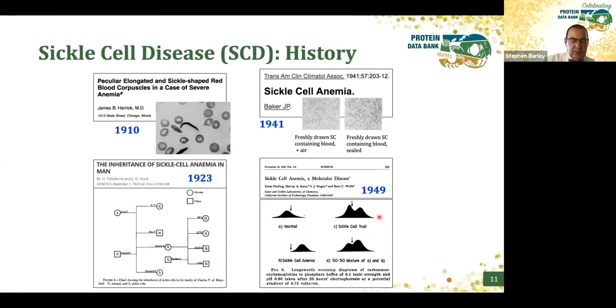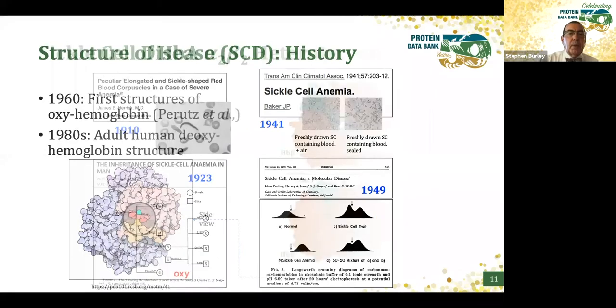So it was this information that allowed Linus Pauling and his colleagues to document that sickle cell disease was in fact a genetic disease that had a molecular explanation at the level of human protein.